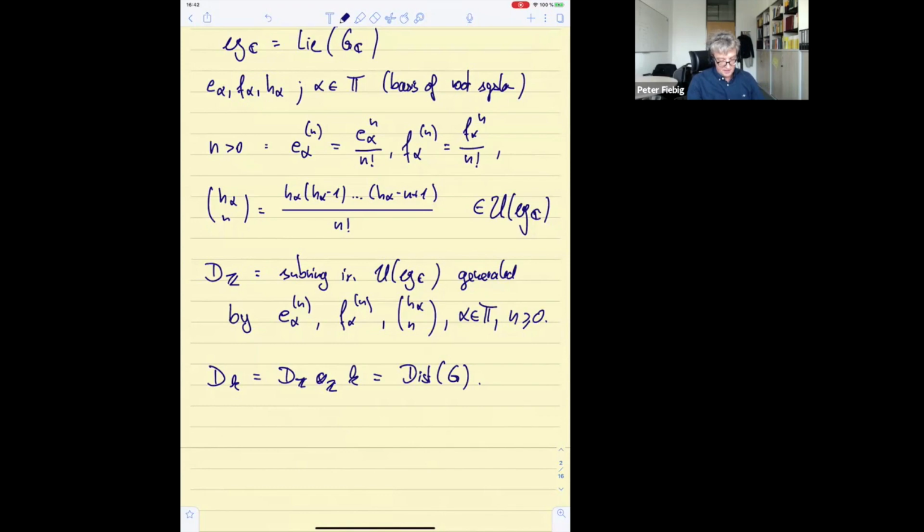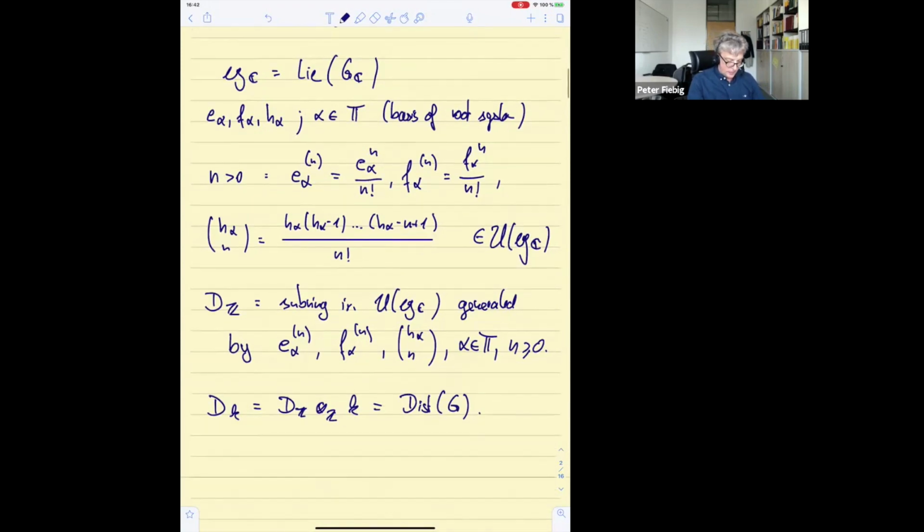And you see, in characteristic p, we couldn't possibly define these elements in the universal enveloping algebra of the Lie algebra of G, because this n factorial might be 0 in K. But we can define it over the integers, over the rationals if you want, and then use these elements as generators in this algebra D_Z, and then obtain D_K by base change.